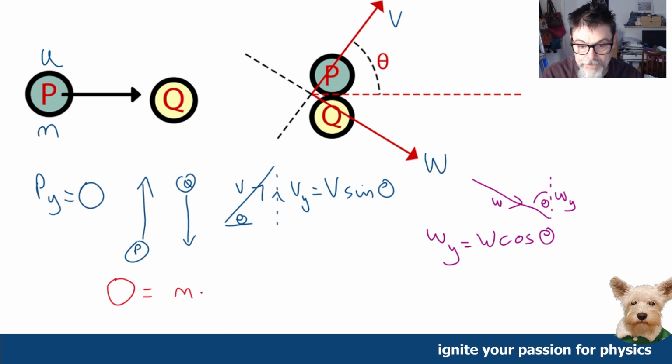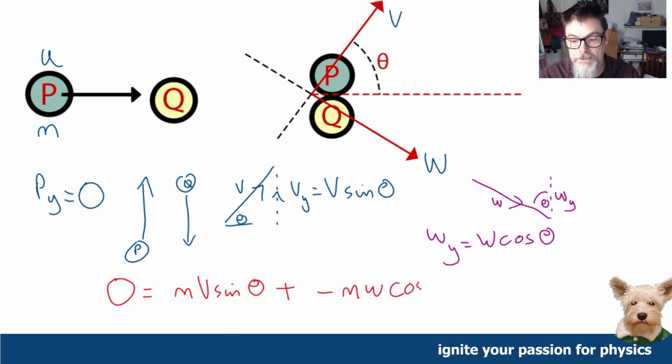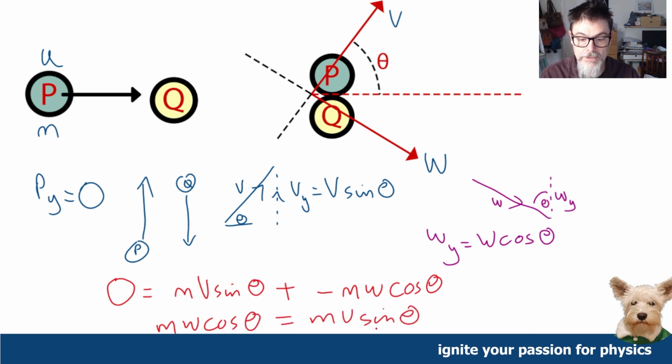So that means m times v sine theta, the momentum of ball P, added to the momentum of ball Q, which is negative mw cosine theta, equals zero. Now we can rearrange this to get mw cosine theta equals mv sine theta. And of course our m's will cancel out.